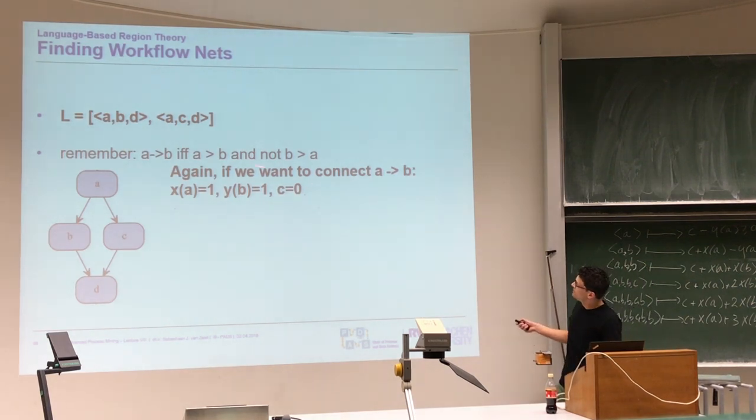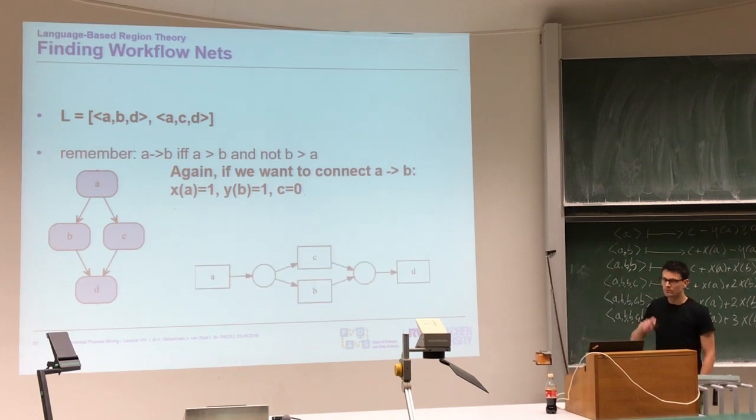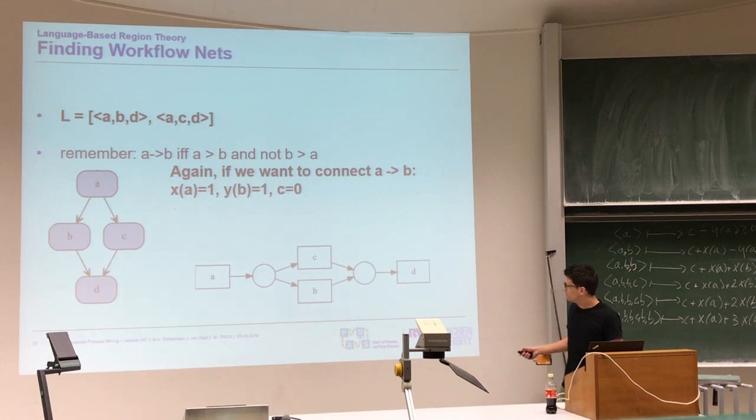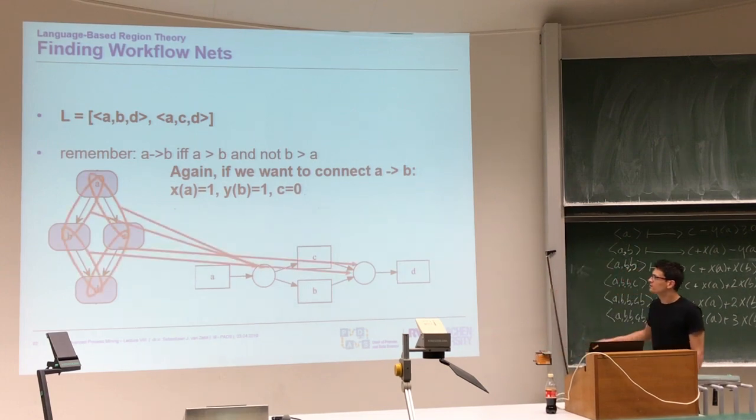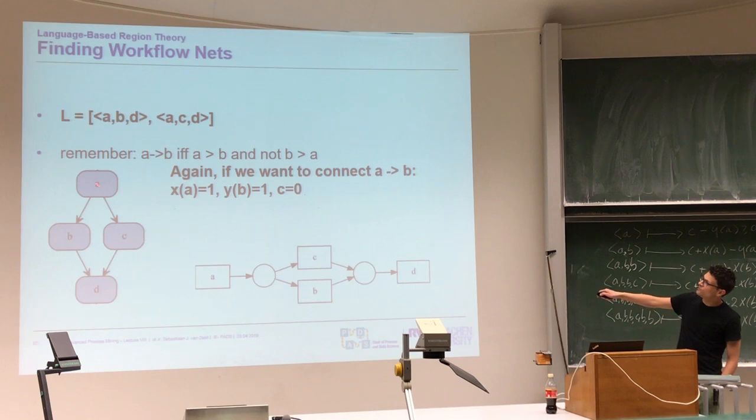So again, if we do that, for example, we mine a place for this arc from A to B, we specify that we want the x variable of A to be 1, the y variable of B to be 1, and the marking variable to be 0. And if we do so, we actually get this model, and I cheated a bit because these two causal relations will both result in this place, and these two causal relations will both result in this place.